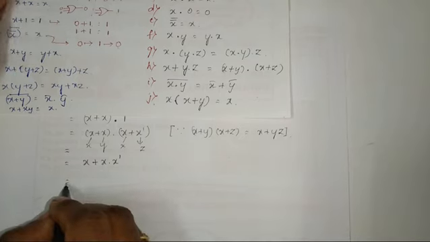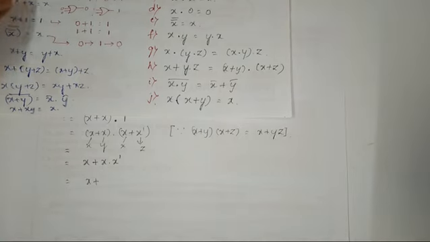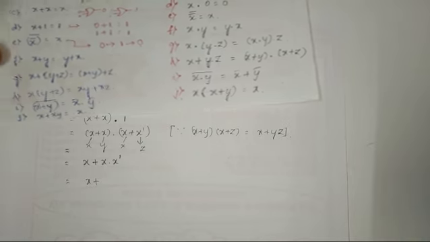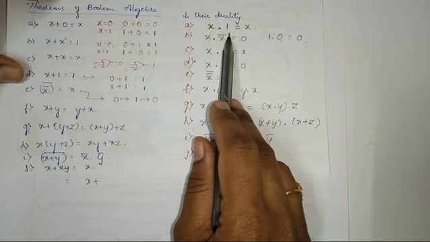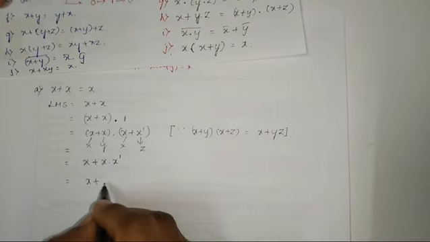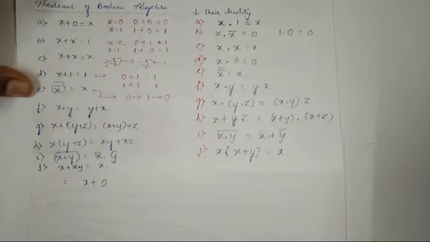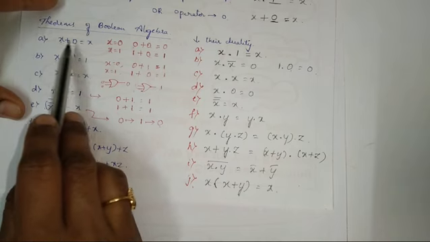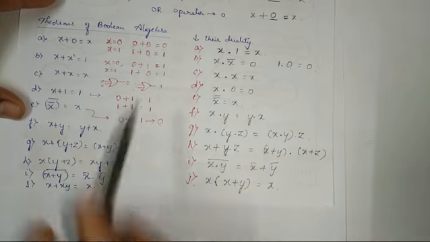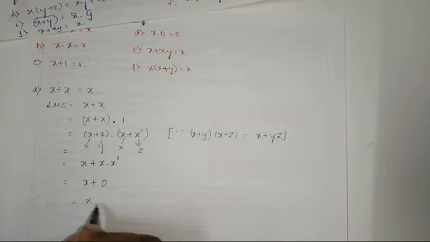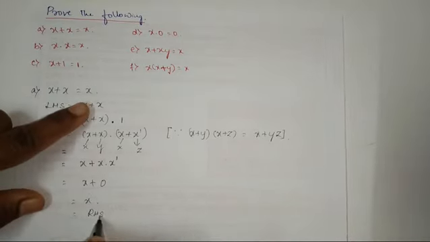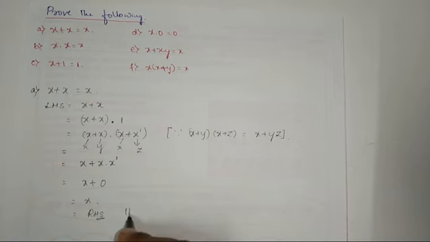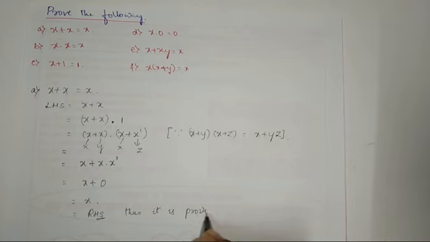Fine, which is equal to x plus, what is x into x bar? x into x bar is 0. Fine. What is x plus 0? It is equal to x. So is it proved? It is equal to RHS. Thus it is proved.